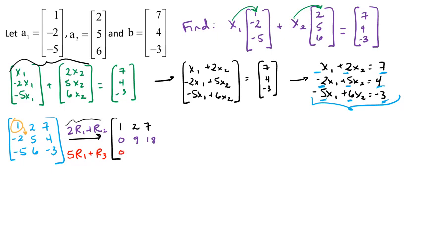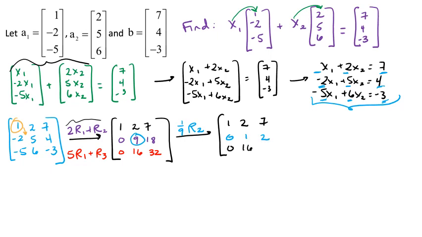And it becomes 0, 16, 32. Now I want you to remember that our pivots should be a 1, so I want to make that a 1. The way I do that is I take 1/9 times row 2, and that will become my new row 2. So 0, 1, 2. And row 1 and row 3 remain the same.